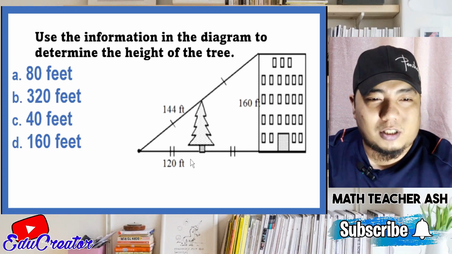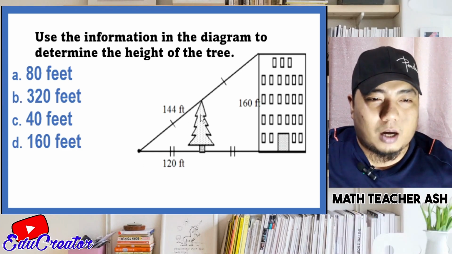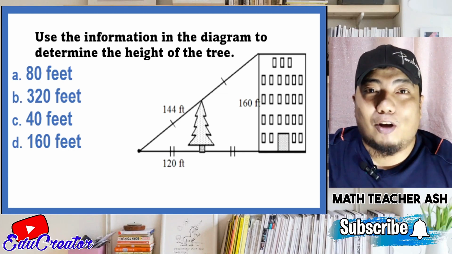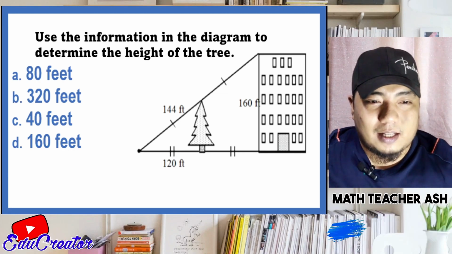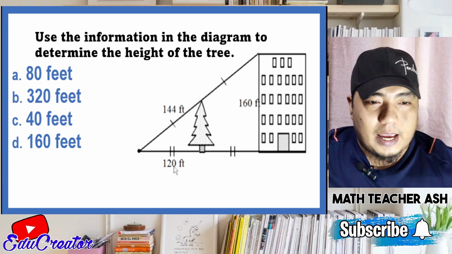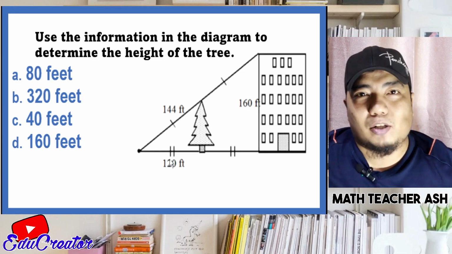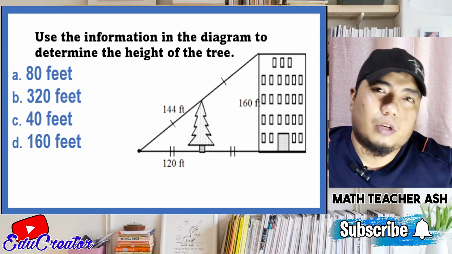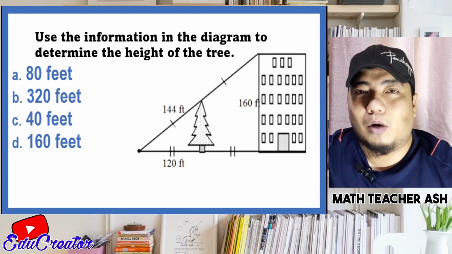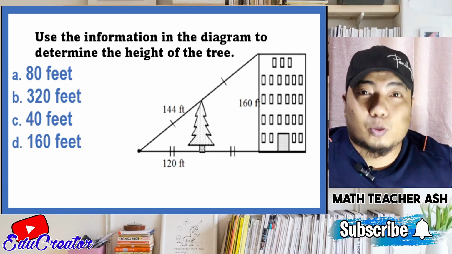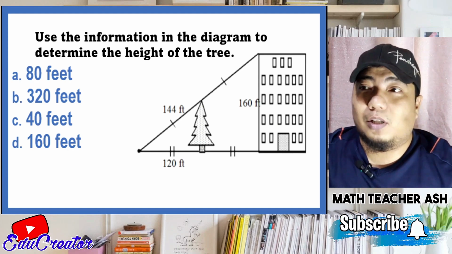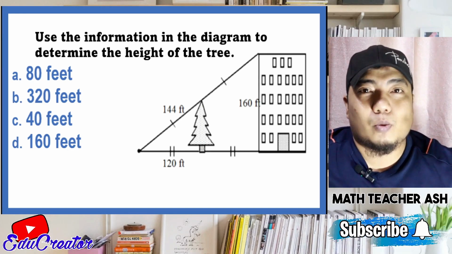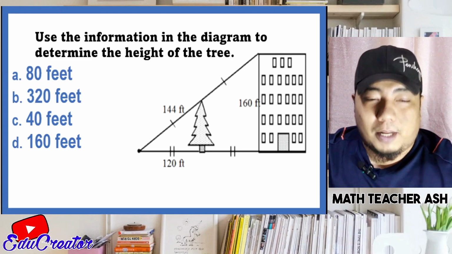Because if you consider this small triangle here with the height of the tree, it is a right triangle, and the hypotenuse and one leg are already given. So basically, you can apply the Pythagorean theorem. We all know the square of the hypotenuse is equal to the sum of the squares of the legs. So that is c squared equals a squared plus b squared.